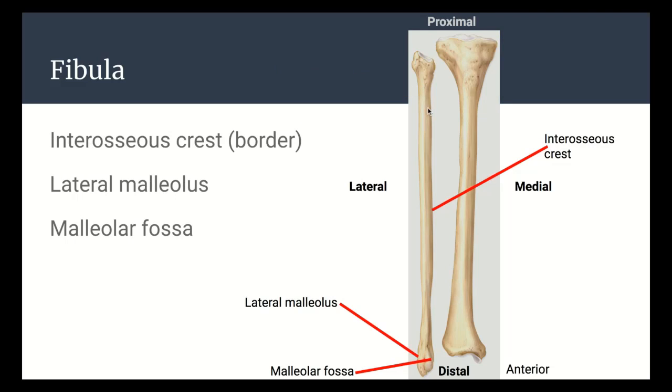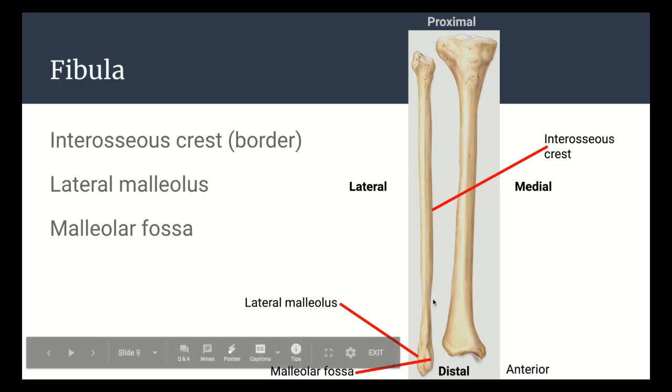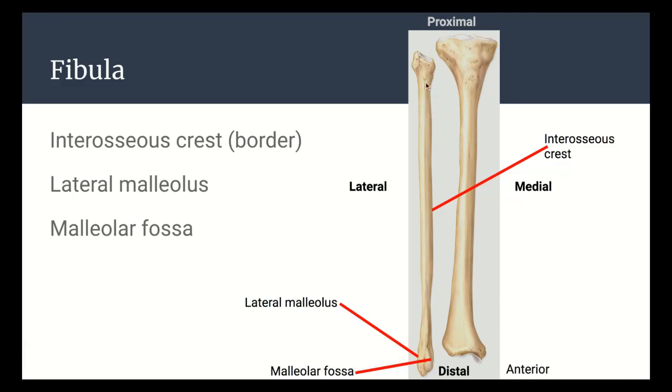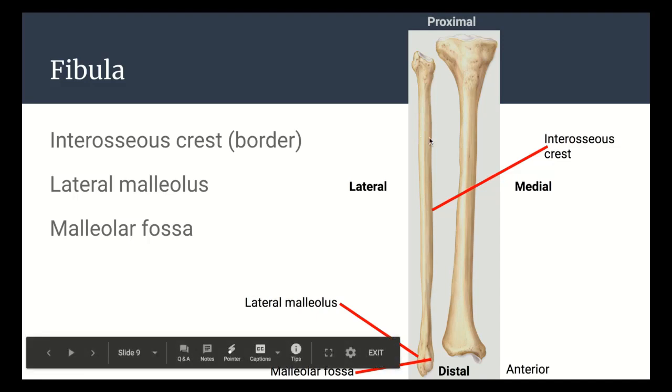And because we know that the interosseous membrane is going to be lying here, the fibula also has an interosseous crest or border. On the fibula, the interosseous crest is located on the medial side because it has to reach out towards the tibia, and the fibula is always lateral. So that's going to be running straight down through there, nice and sharp on the edge.